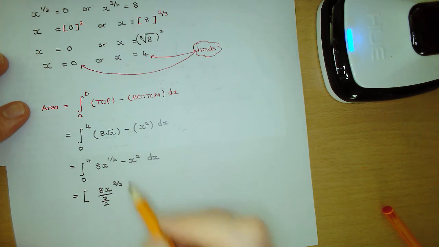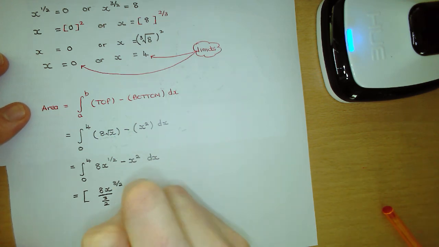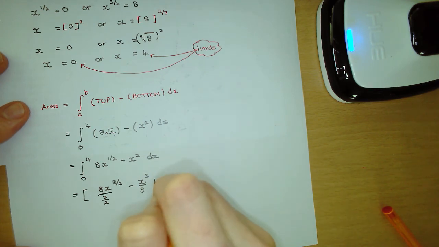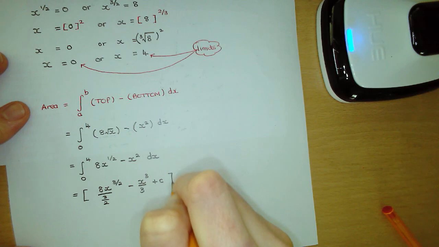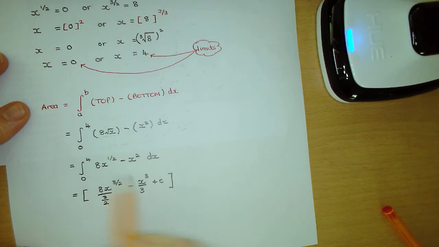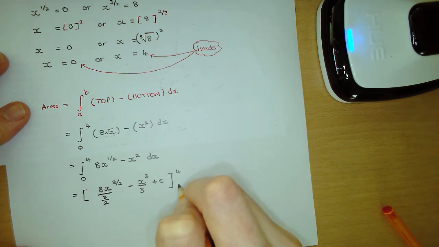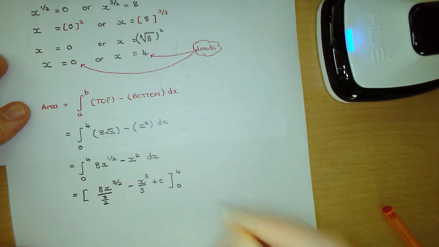Again, integrate our next term, add 1 to the power, divide by the new power, so we're going to have minus x cubed over 3, and don't forget to add a constant. Close your square brackets, so the expression has now been integrated. This is our integrated expression, and then put the limits immediately after the brackets. So the bigger limit, or the top limit, is 4, and the smaller limit, or bottom limit, is 0.